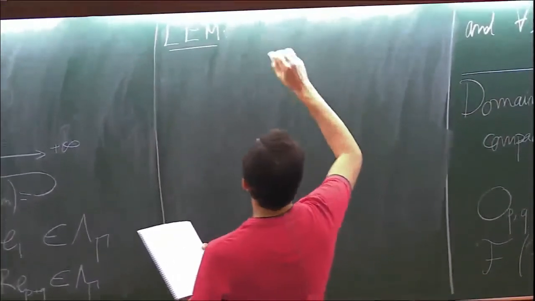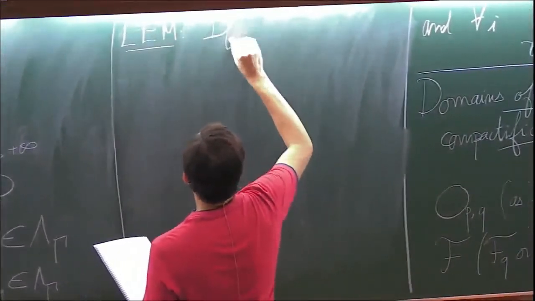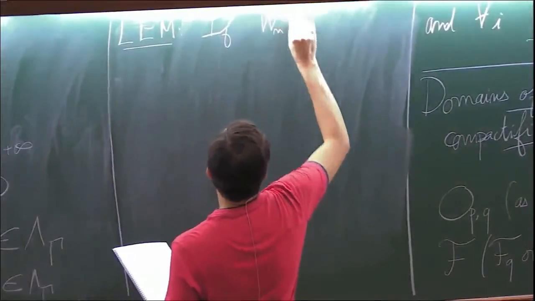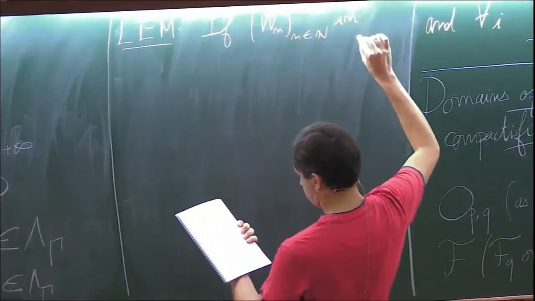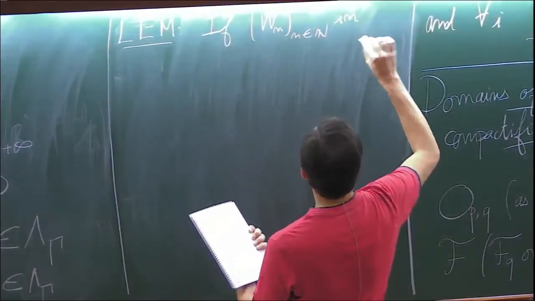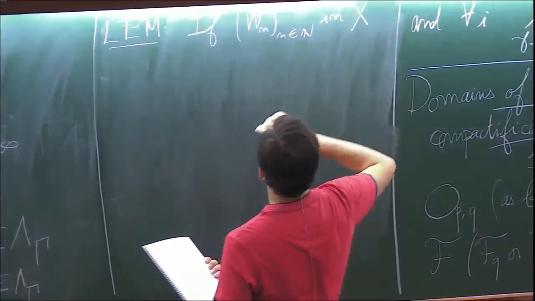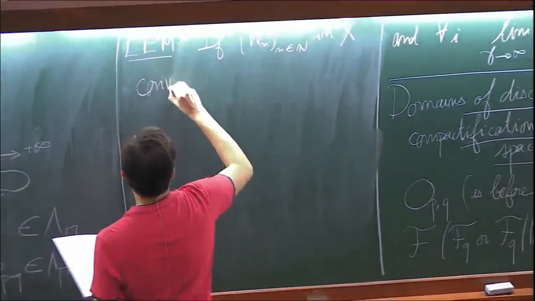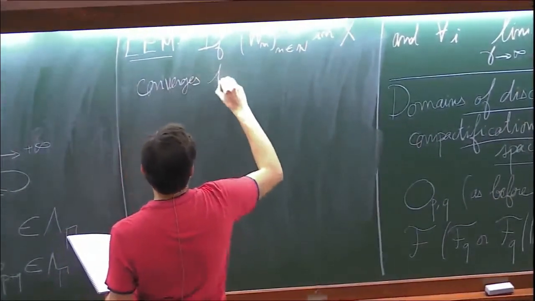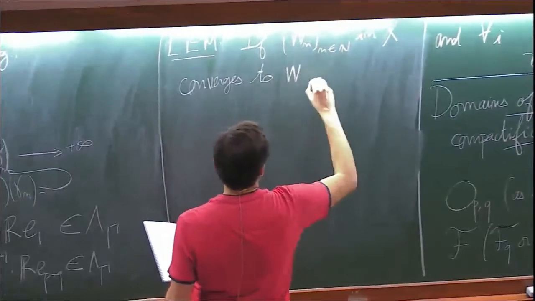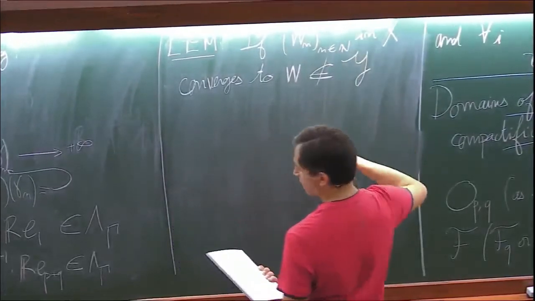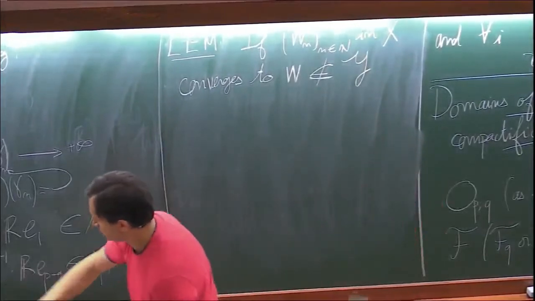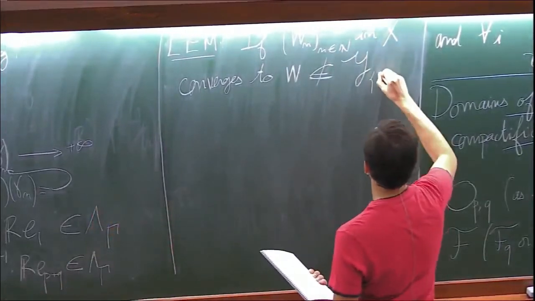So if a sequence Wn in X bar converges to W, which does not belong to the Y associated to just this one point element.